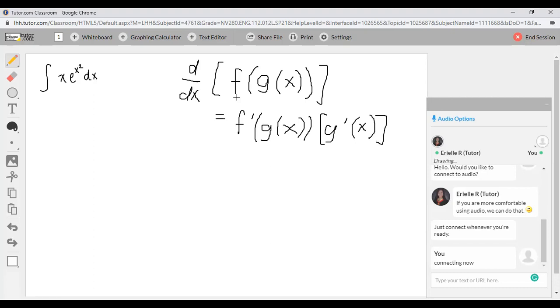Absolutely. Okay, so how does u-substitution work for this one? So let's say that we have this function right here. So we have the derivative function now. So now we are going to get the antiderivative, or we now have to apply the integration to get to the original function, right?